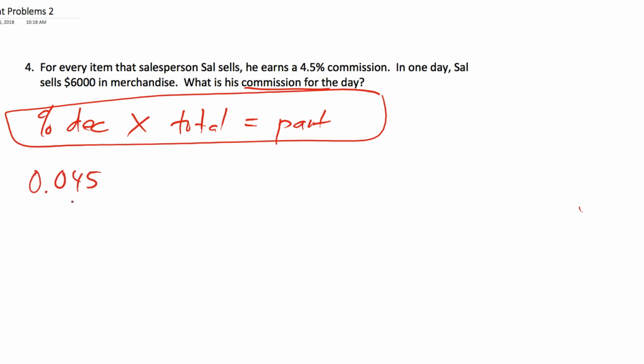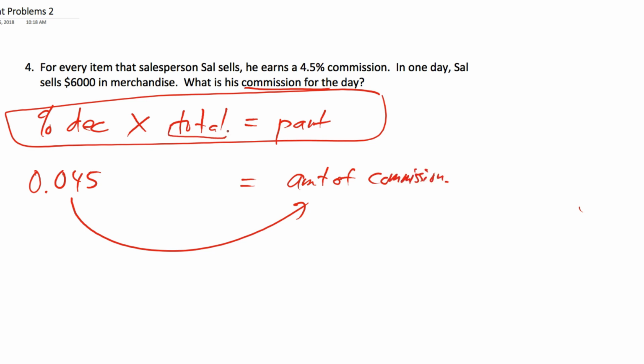This is the percentage of commission, so over here we will get the amount of commission, which is what we're being asked for. Our total is the amount that he's selling, which is $6,000. So we multiply those two amounts, and we come up with $270 in commission.